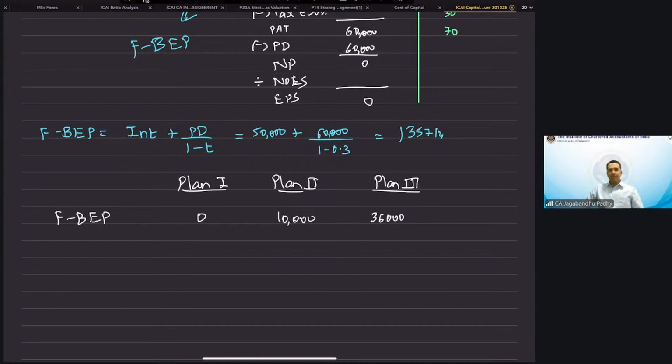So out of these 3 plans, which plan do you think is challenging to be profitable? Which of these 3 plans is going to make things challenging for you to make your business profitable? Rather, I would like to put it the other way around. Where can you say that you can turn your business profitable in an easy manner?